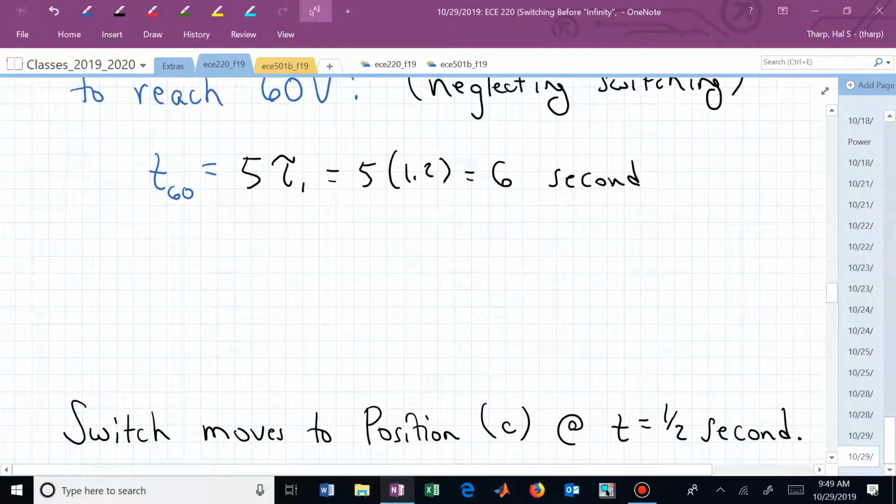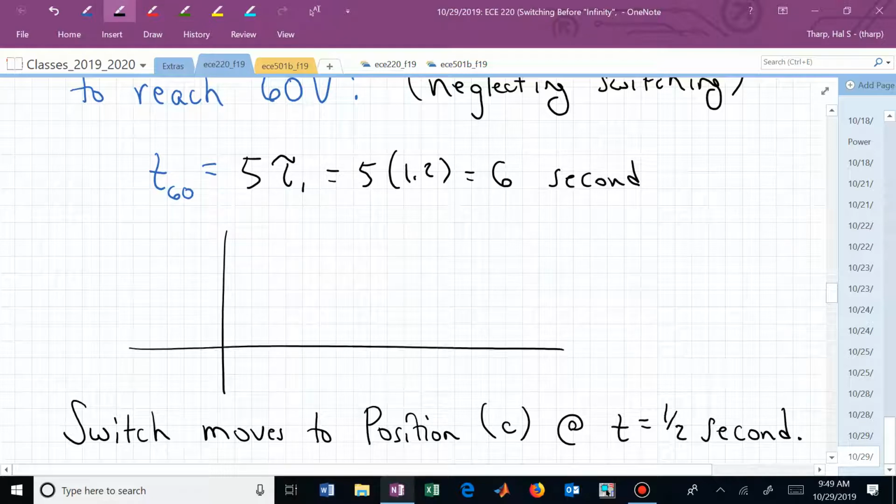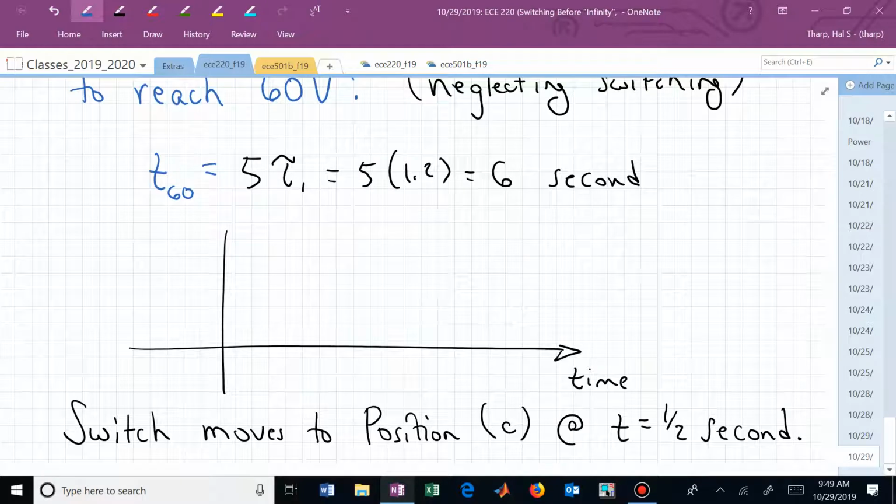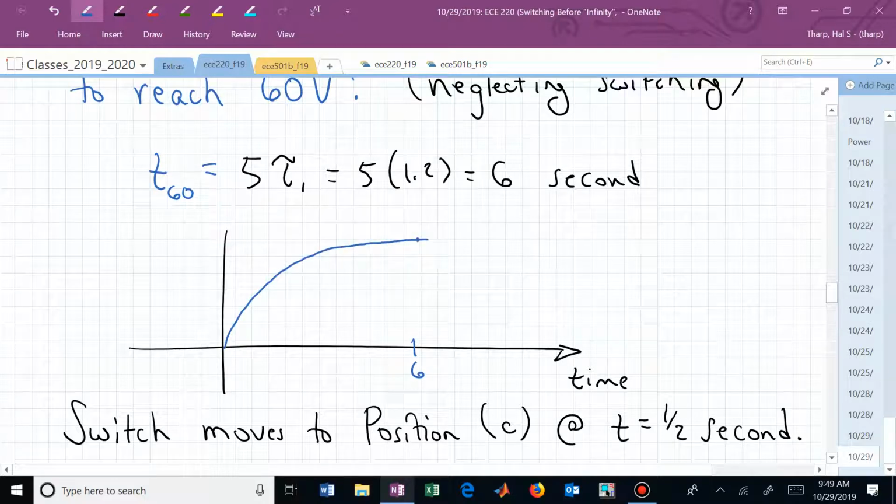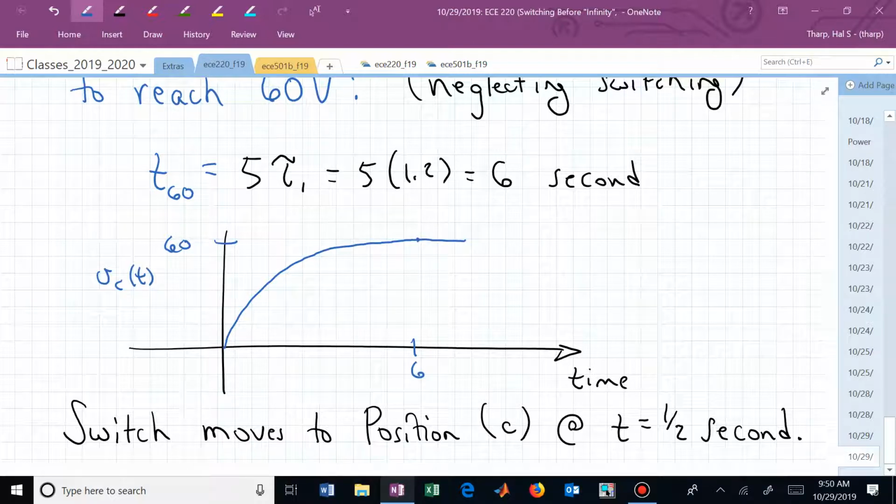And if we wanted to sketch this, we would have something like that. We started at 0, and in 6 seconds, that's our 5 tau.